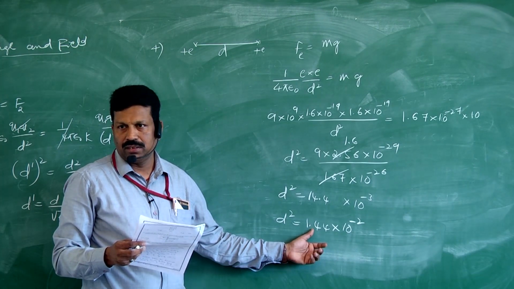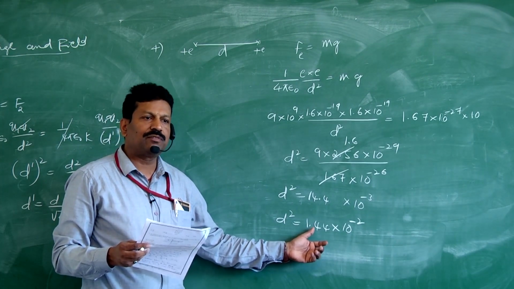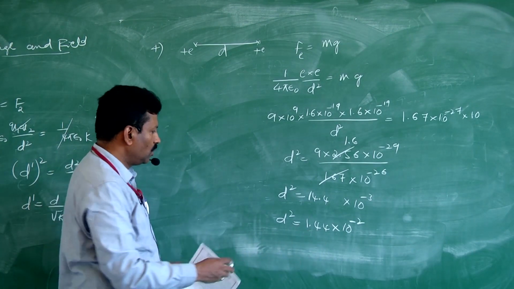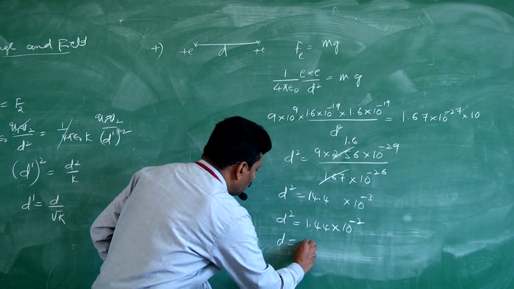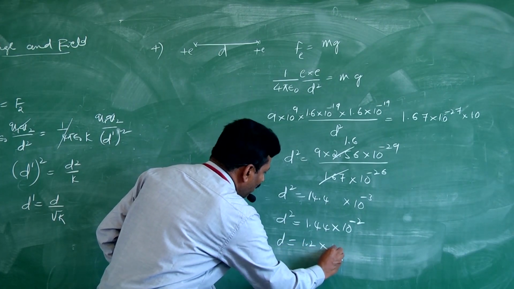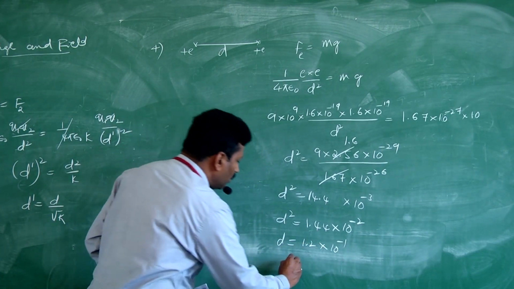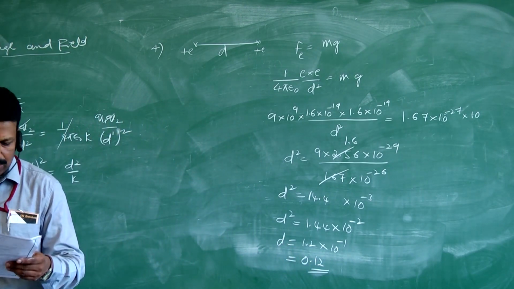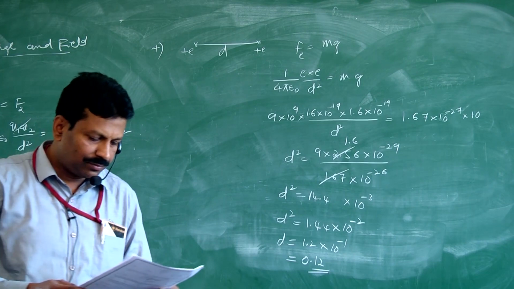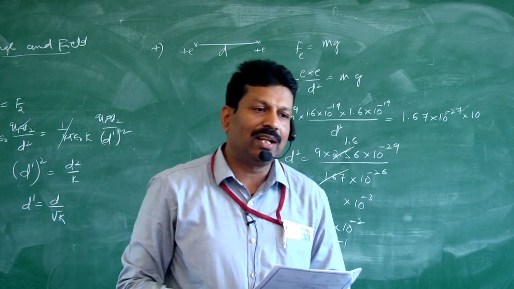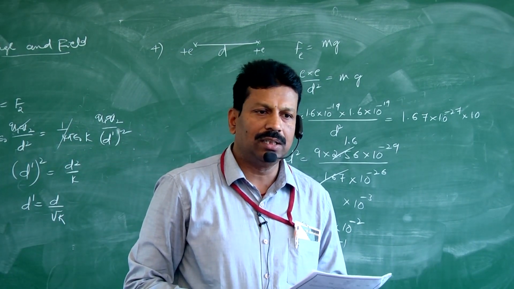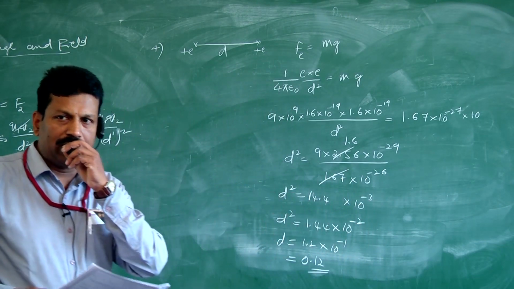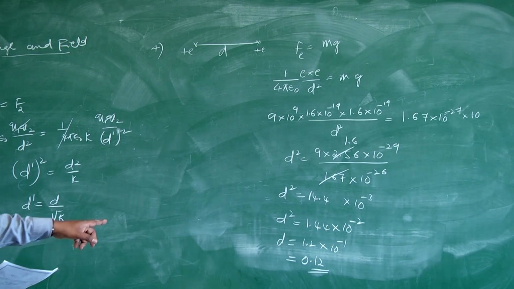Are you clear? The square root of 1.44 is roughly 1.2. So d is equal to 1.2 into 10 to the power of minus 1. So how much is this? 0.12 meters. So the closest answer is 0.119. Approximation is very important when you are doing numericals.